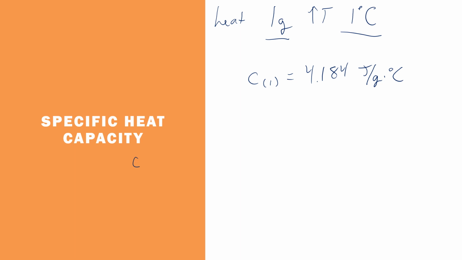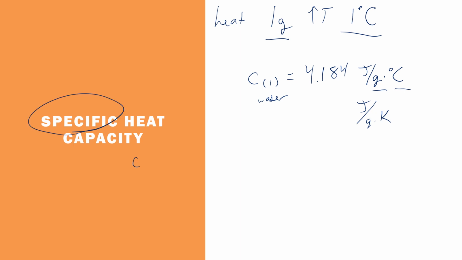So that's the number of joules it takes for 1 gram of it to change by 1 degree Celsius. You could also write it joules per gram Kelvin. It's the same thing. And that's for liquid water. Now the specific heat capacity will be different for solid, liquid, and gas because it will take a different amount of energy to change the temperature depending on the state of matter. So you need to be very specific for that heat capacity.